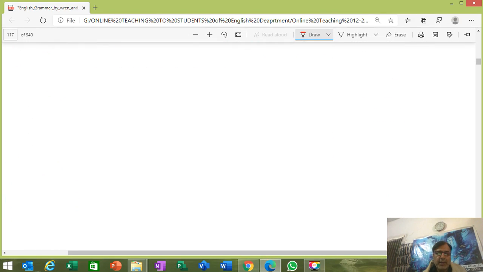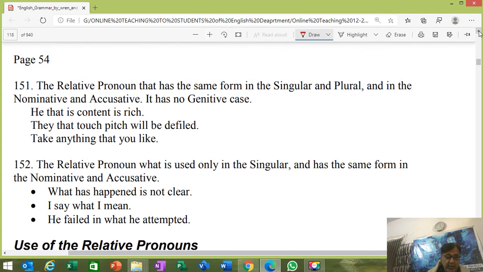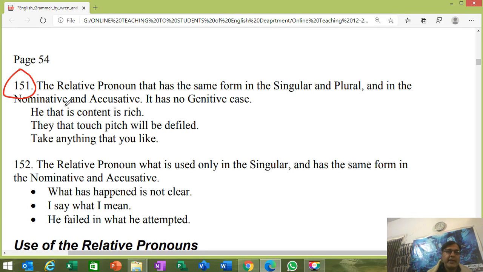So these are the different forms of relative pronouns that you are coming to understand. Point number 151: the relative pronoun that has the same form in singular and plural, and in the nominative and accusative case. It has no genitive case.